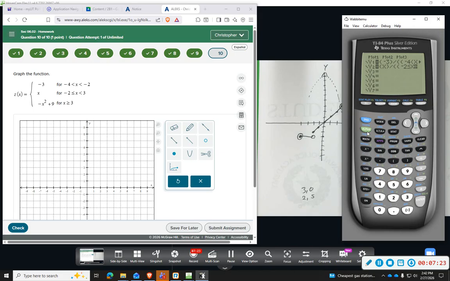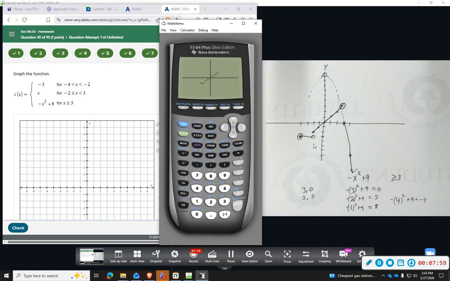And then we're going to do second math, go over to logic to get the and, then we're going to do x is less than 3. We're going to close that. And then if I graph this piece, you should see this line right here in the middle.